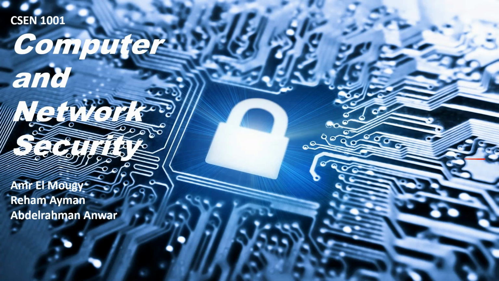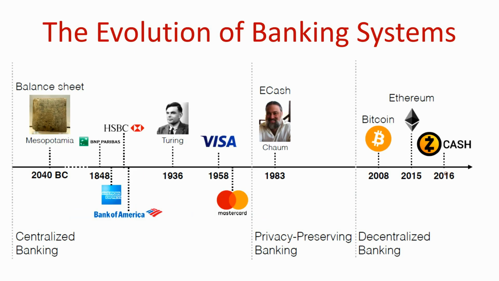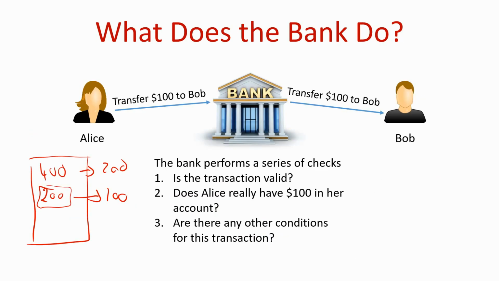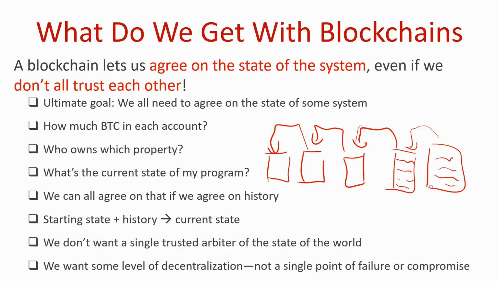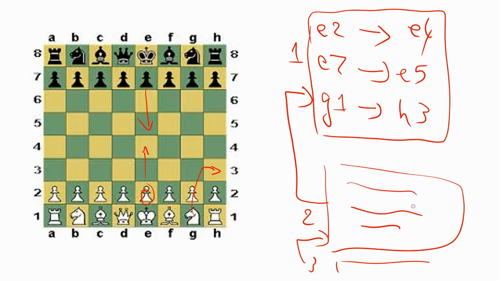So last time we started discussing blockchains. We basically studied the motivations behind blockchains and why we want to overcome the presence of a centralized trusted arbiter. And we said that what we get with blockchain is a distributed system which acts as an append-only data structure, a data structure that you can add to, but you cannot modify anything in it because all the blocks are actually linked.